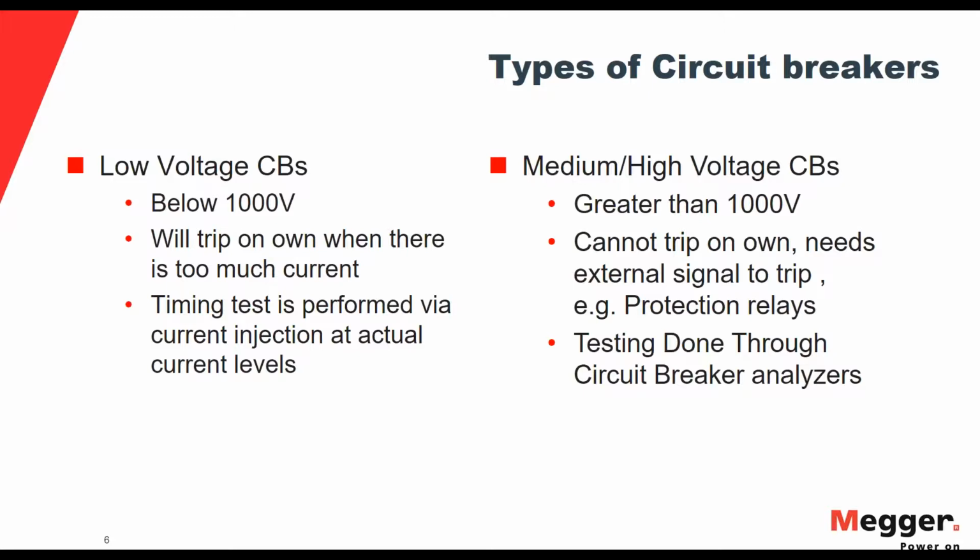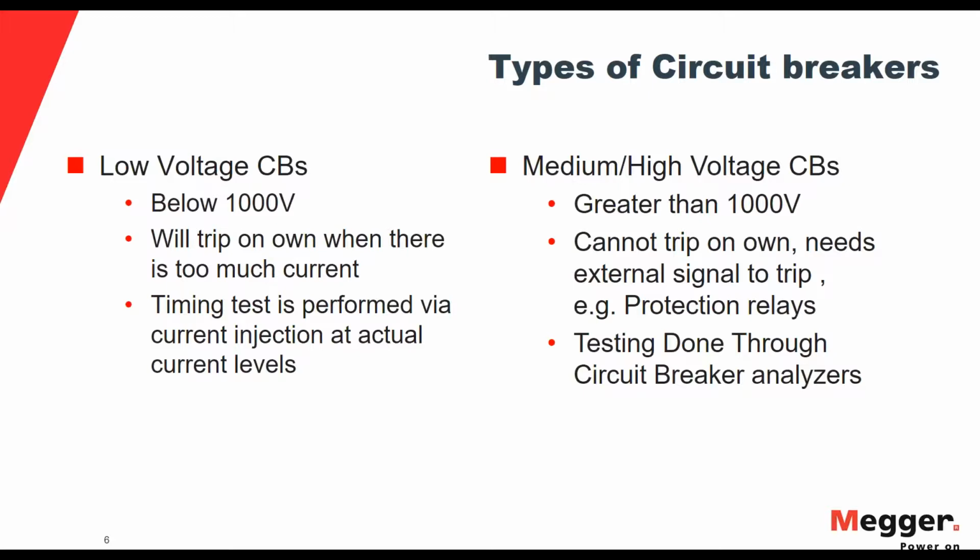Usually these circuit breakers have their own tripping mechanism implemented inside them, either through an electronic circuit or thermal or magnetic mechanisms. And usually the testing for them, whether it's timing, is done through a primary injection, where you bring a huge device and inject a huge amount of current to trip these kinds of circuit breakers.